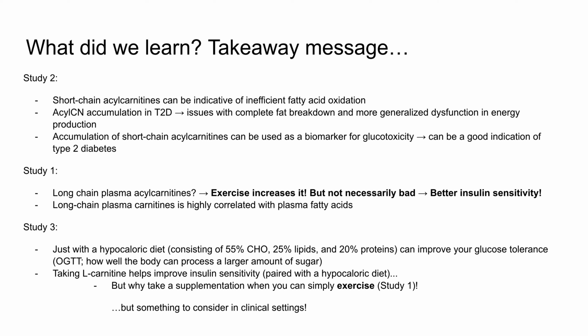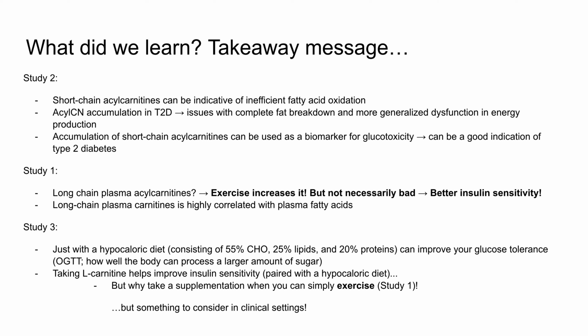In study 3, we saw that just with a hypocaloric diet, we can actually improve our glucose tolerance. Individuals had better oral glucose tolerance tests, and in addition with taking a 4-gram L-carnitine supplement, we can improve our insulin sensitivity in patients with type 2 diabetes. But why take a supplement when you can just simply exercise, right? What we saw in study 2.